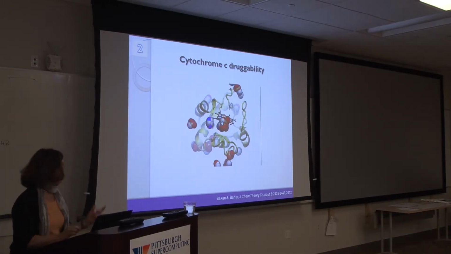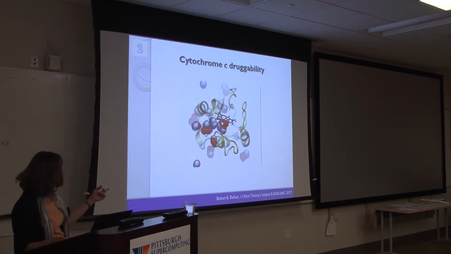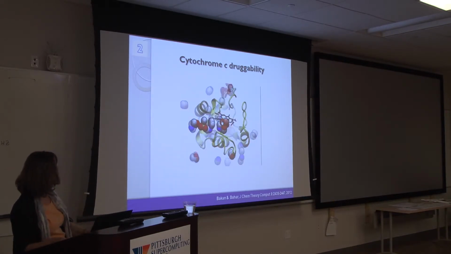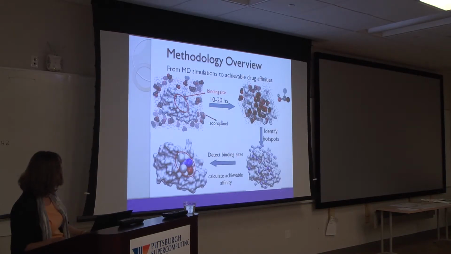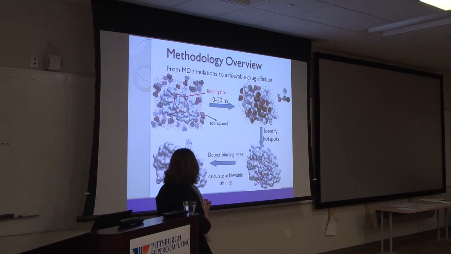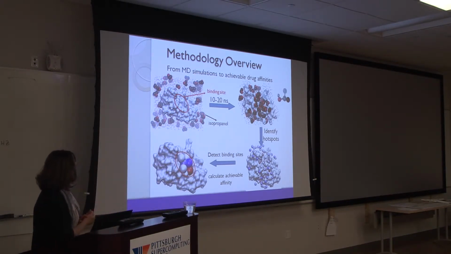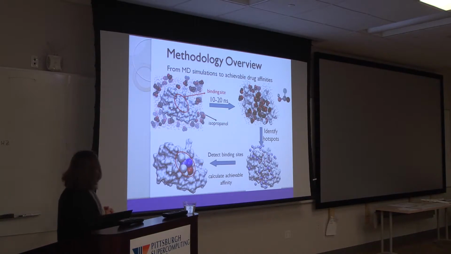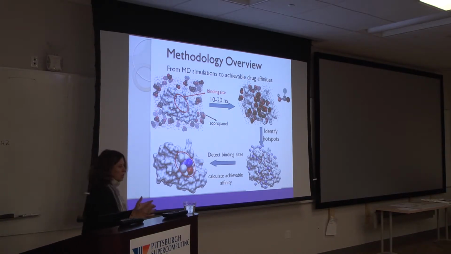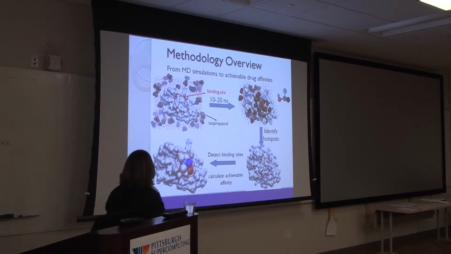This is from a paper that has also been recently accepted for publication in Molecular Pharmacology. So these simulations are widely used, but the druggability simulations are just starting now to be more broadly used.